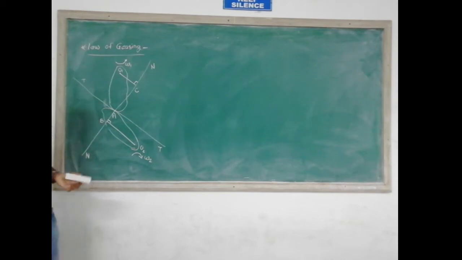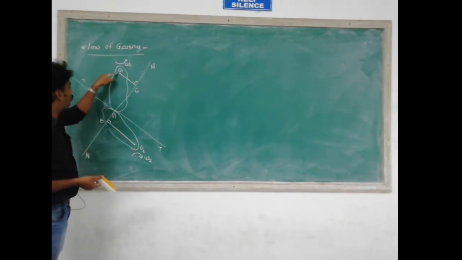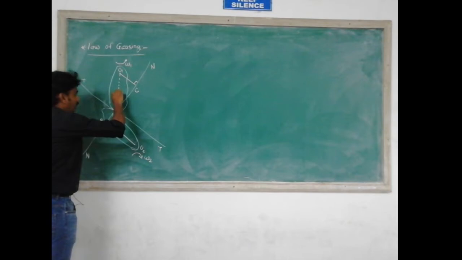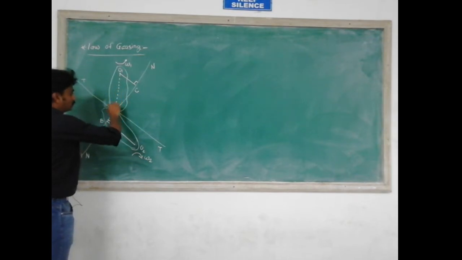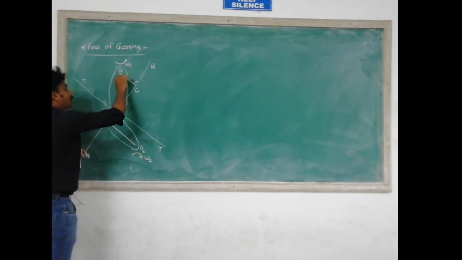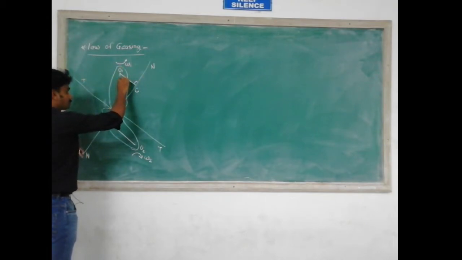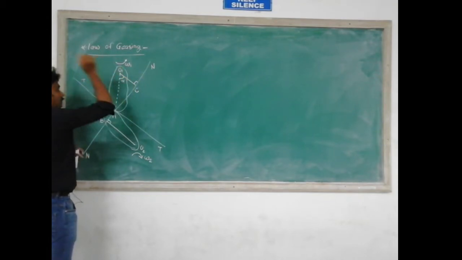Now join the point O1 to A. We will join this with a dotted line, and mark the angle between O1A and O1C as alpha.